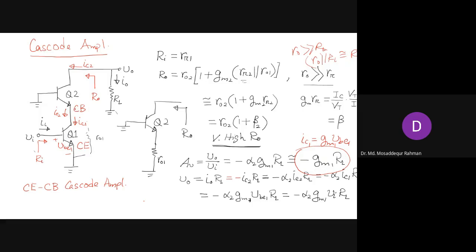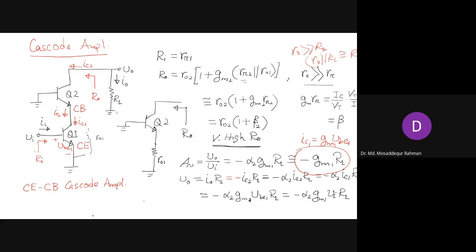The features of the common base are opposite to those of the common collector. Common collector has very high input resistance, common base has very low input resistance. Common collector has very low output resistance, common base has very high output resistance. Common collector has unity voltage gain, common base has unity current gain.